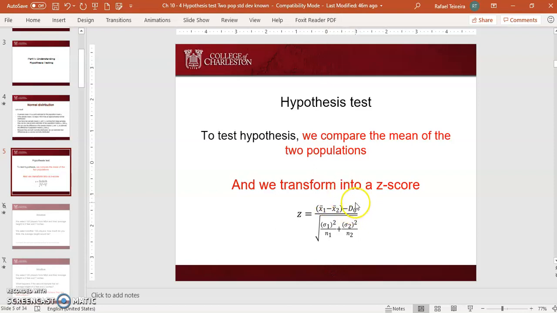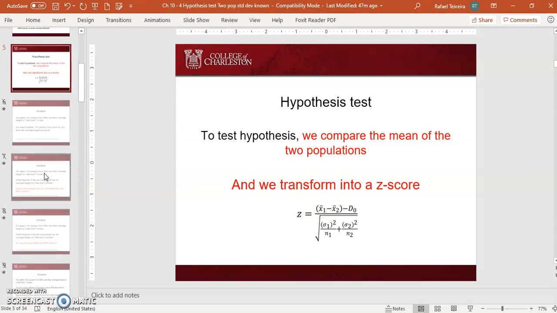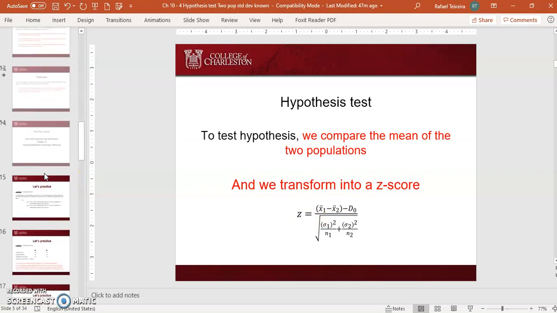We always cross this out, so the final formula is only the difference between the two sample means. And then after taking these differences, we divide by the standard deviation for these two populations. And that results in a standardized z-score that represents this difference. I hope I don't make it too confusing.